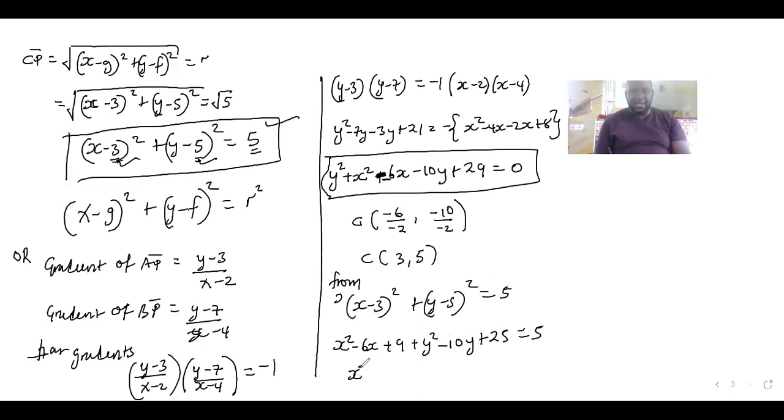You realize x squared minus 6x plus y squared minus 10y plus 29 is equal to 0, which is the same equation.